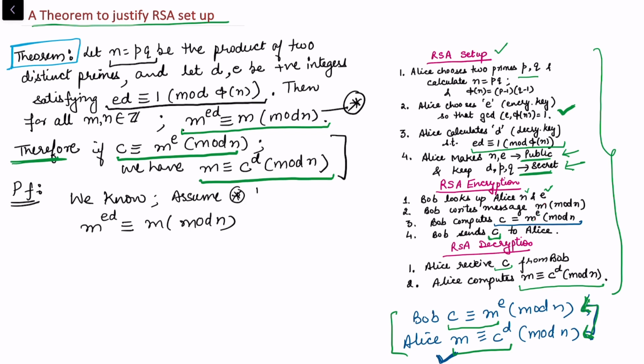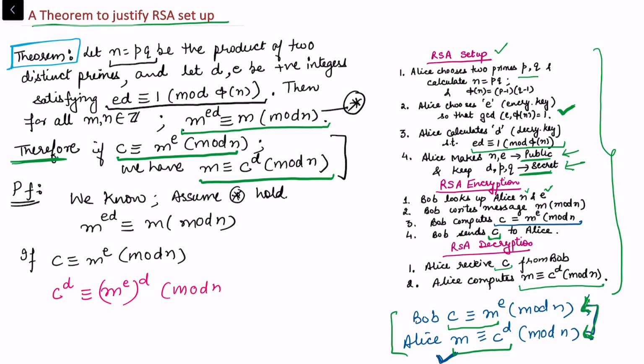In this case, if c is congruent to m to the power e mod n, what we can do is raise both sides to the power d. Raising both sides to the power d, we will have c to the power d congruent to m to the power e raised to the power d mod n, which is the same as m to the power ed.